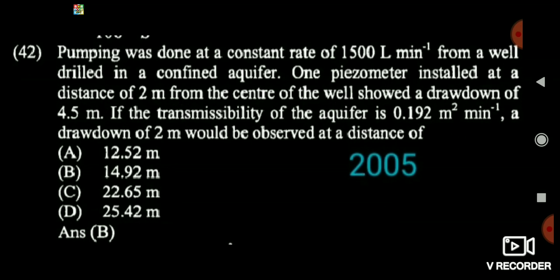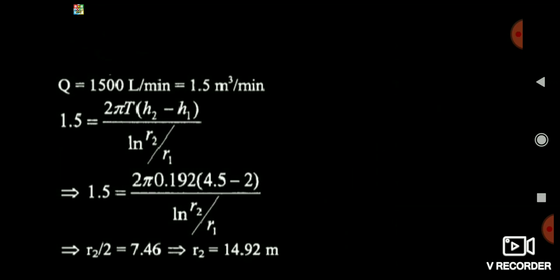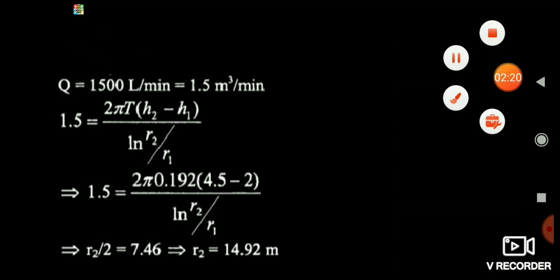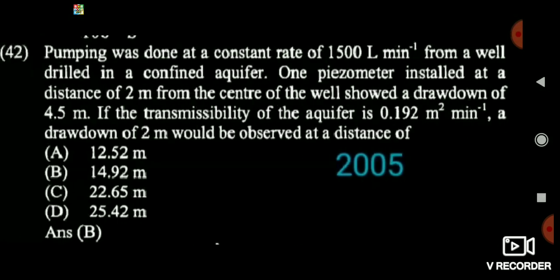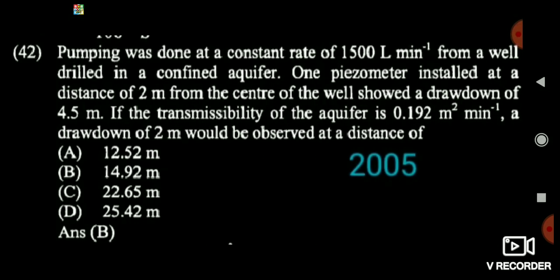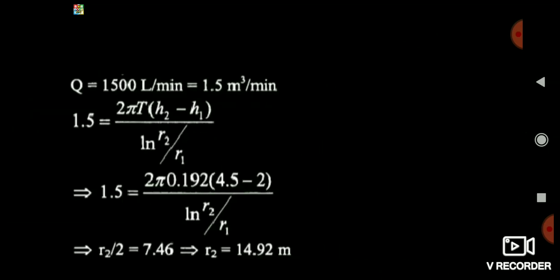You simply need to know the formula for a confined aquifer. Put in the values and you can get the answer, R2 in meters. You see in the options, option B is given, that is 14.92 meter.